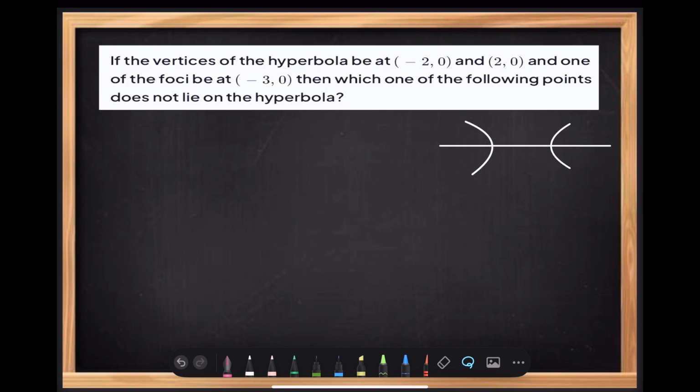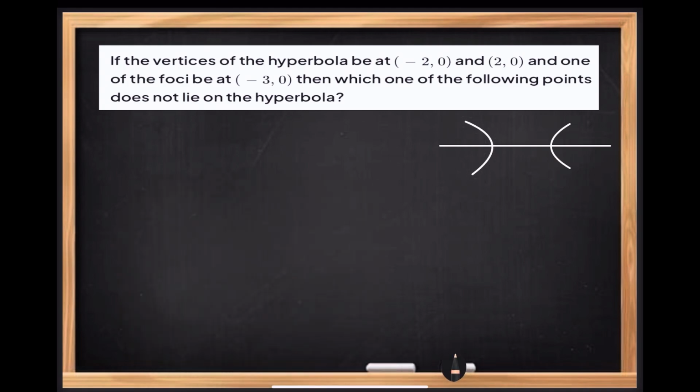Suppose this is correct, and you know that they are talking about the vertex, so the vertex is at minus 2 comma 0, and the vertex is at 2 comma 0, correct? And one of the foci is at minus 3 comma 0. Now look at this, you know that we have memorized some results connected to the horizontal hyperbola.